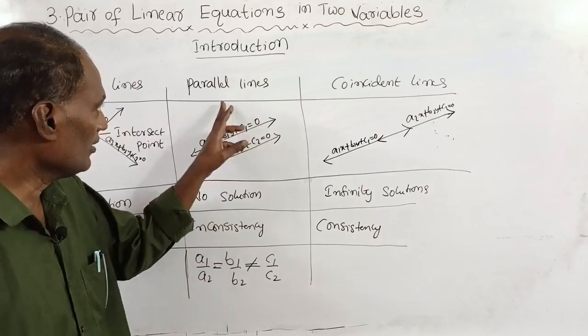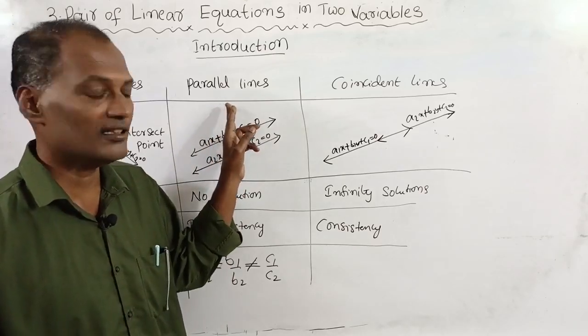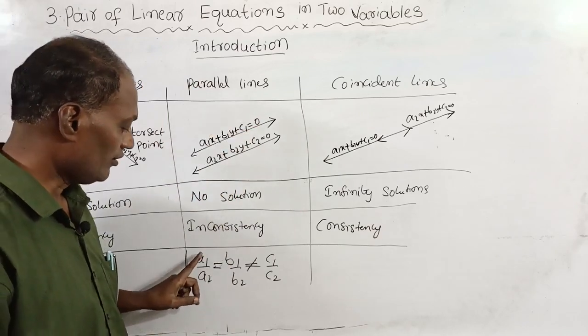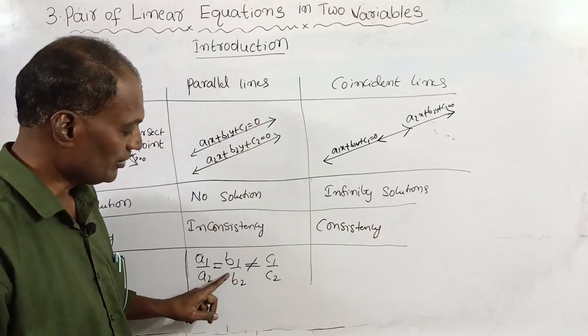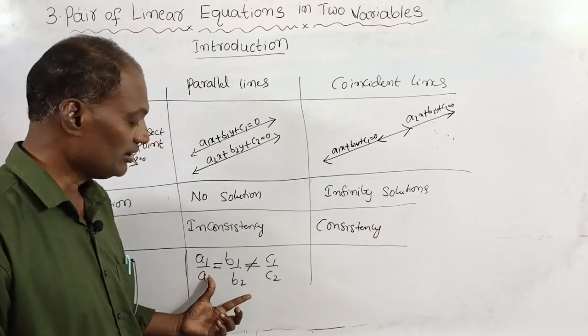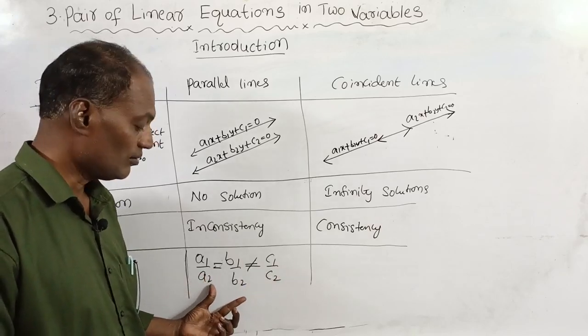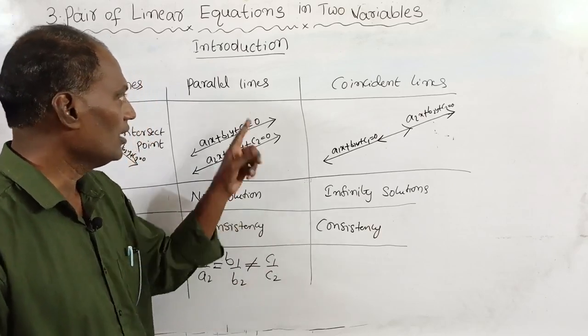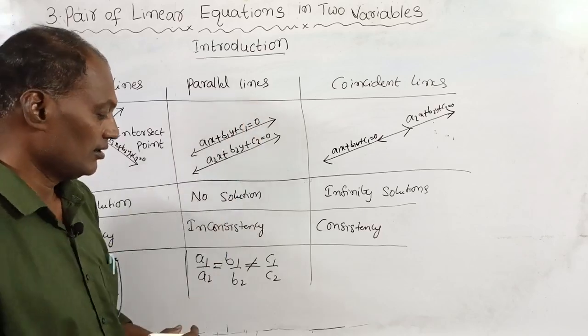Here, see, in the parallel lines, linear equations, A1 by A2 equal to B1 by B2, but not equal to C1 by C2. A1 by A2, B1 by B2, these values are equal, but not equal to C1 by C2. Then those are called parallel linear equations.